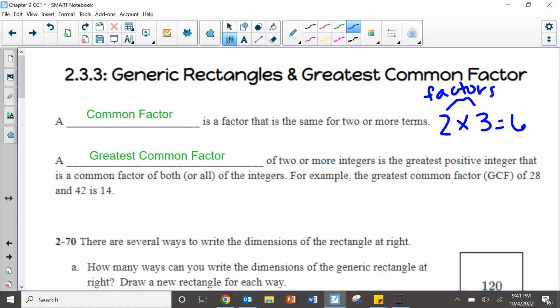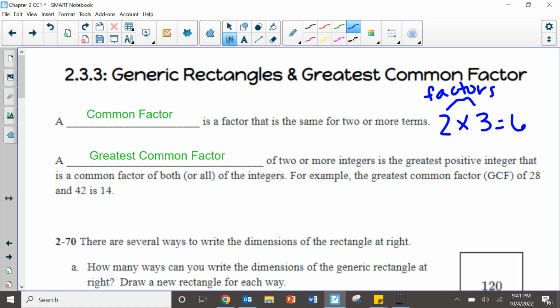All right, so a greatest common factor is kind of just what it sounds like. The greatest common factor of 2 or more integers is the greatest positive integer that is a common factor of all the integers, depending on how many numbers you have. For example, the greatest common factor, or GCF, of 28 and 42 is 14.